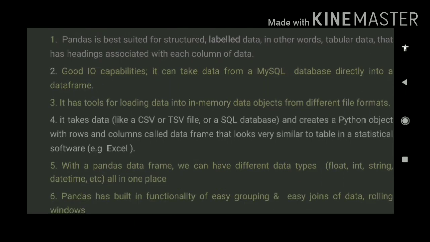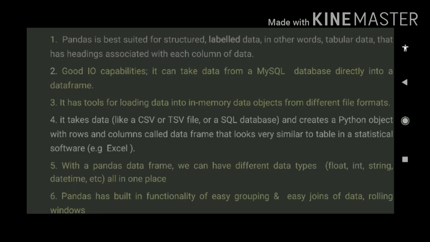That means you can have data from an Excel file, MS Access files, and MySQL database, and it creates a Python object with rows and columns called a data frame, which is very similar to statistical software like Excel.